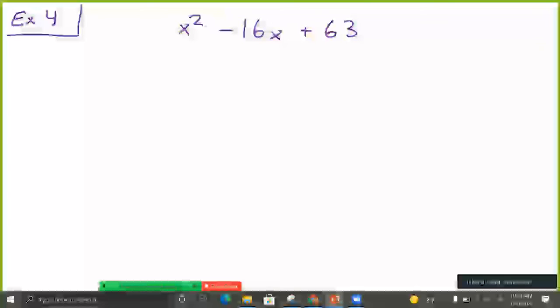If we're adding the two numbers and they're negative, that means they have to both be negative. So before we've even done any list making, we know that both numbers will be negative. You can't multiply two numbers and get a positive and have only one of the numbers be negative. So multiply to 63, adds to negative 16.